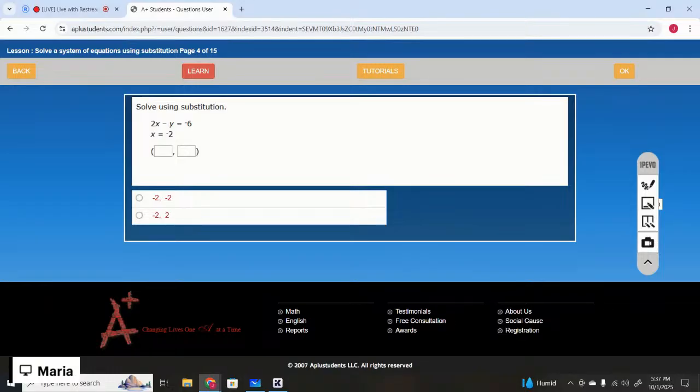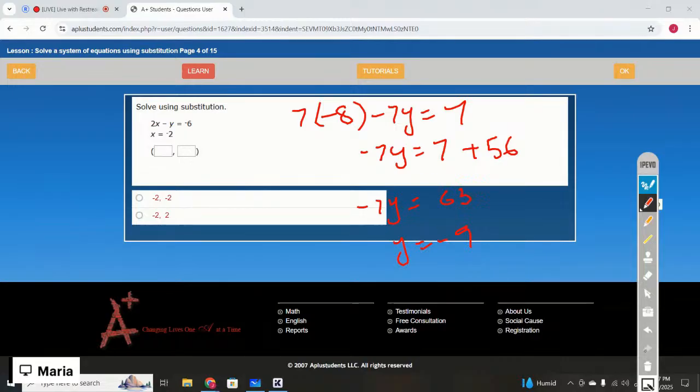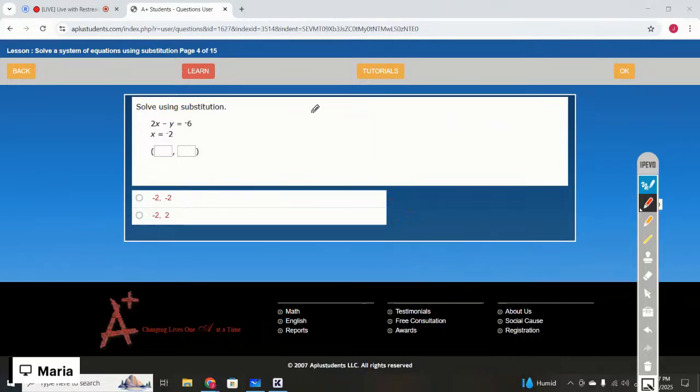2x minus y equals negative 6. X equals negative 2. 2 times negative 2 minus y equals negative 6. And negative y equals negative 6 plus 4. Negative y equals negative 2, so y equals 2.